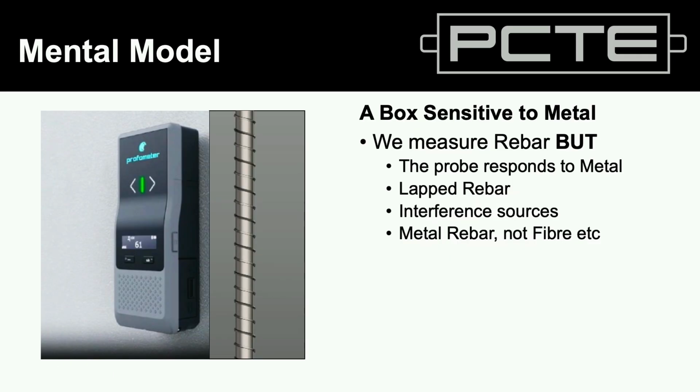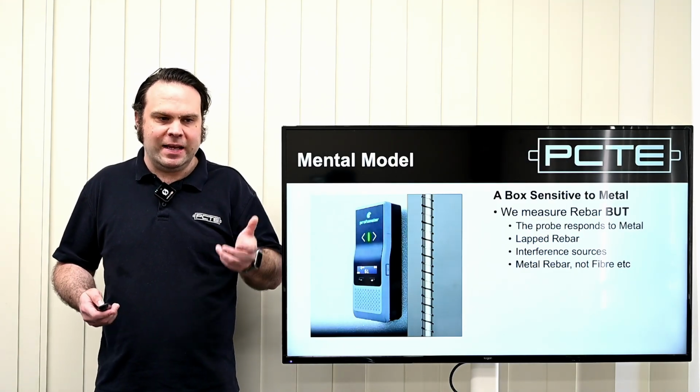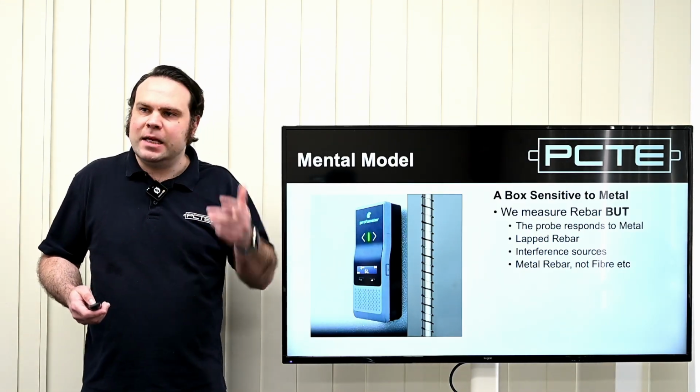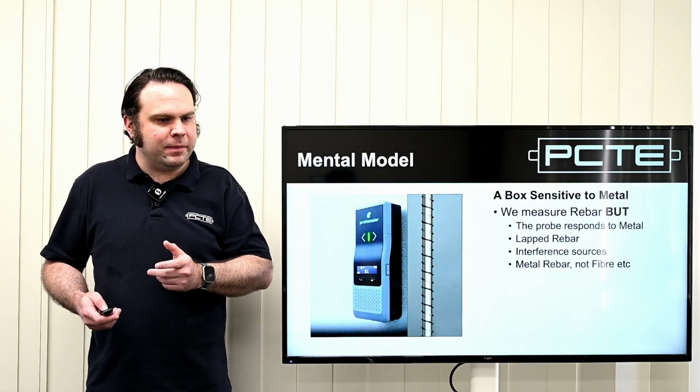And the second thing is the real mental model to be aware of with cover meters and to understand when it's going to work well and when you're going to have troubles. It's a box that is sensitive to metal. Yes, that metal can be rebar. And if it is rebar, well and good. It'll be operating as intended. But anything metallic will be detected by an eddy current cover meter like the Profimeter.